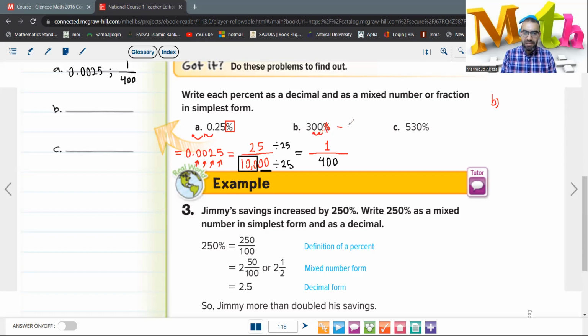So this will be 3.00, means 3. So as a decimal, it's 3. And also as a fraction, it's 3 over 1, which is also 3. So in both cases, it is just 3.